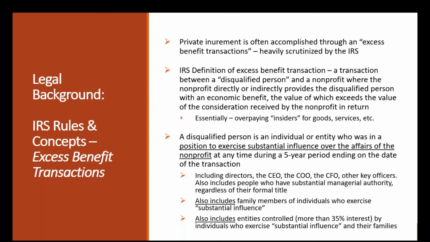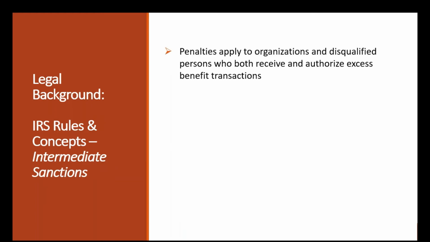The takeaway here is that when it comes to excess benefit transactions, if you overpay the leaders of your organization or family members or entities associated with those leaders, that can cause a lot of trouble. And that trouble comes in the form of what we call intermediate sanctions. These are penalties which apply to organizations and disqualified persons who both receive and authorize excess benefit transactions.